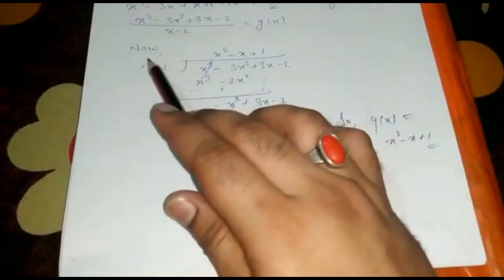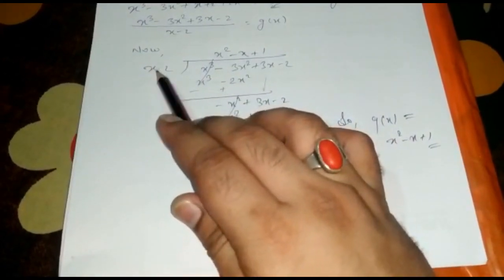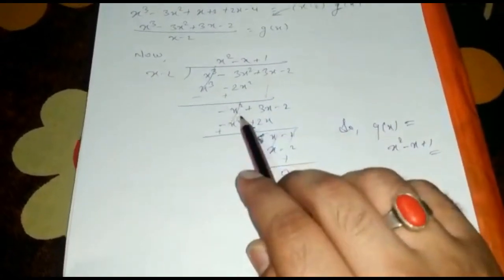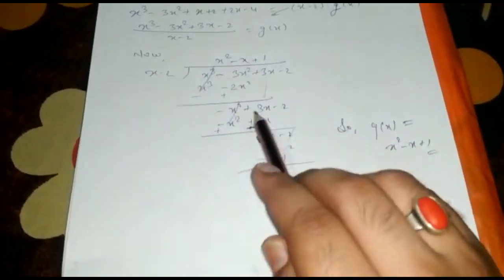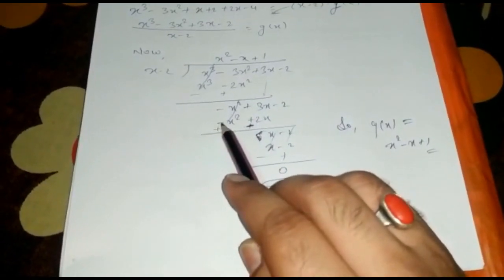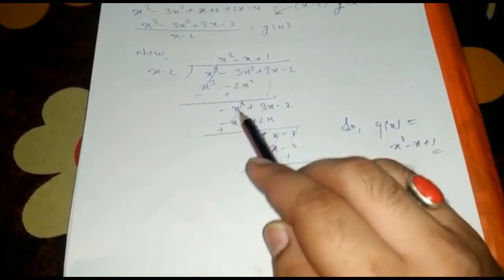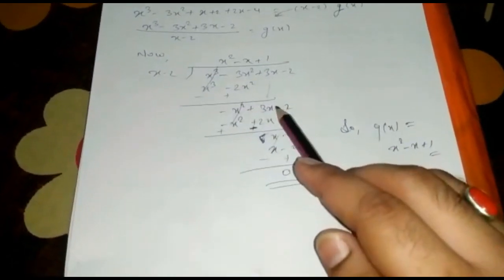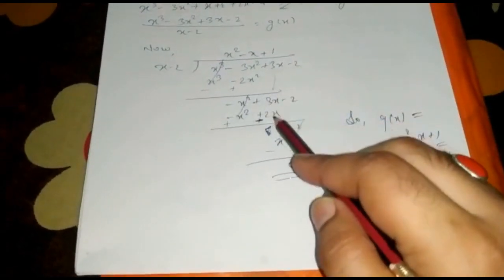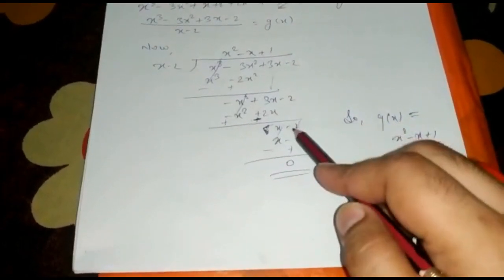So minus x square plus 3x minus 2 we take out as it is. So minus x square, what do we have to multiply it by? To get minus x square, we have to multiply by minus x. So minus x square, and minus into minus is plus 2x. The sign is changed, negative becomes positive and positive becomes negative. This will cancel out, and the remaining term is 3 minus 2, that is x minus 2.